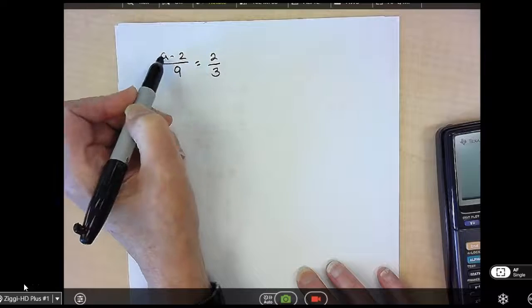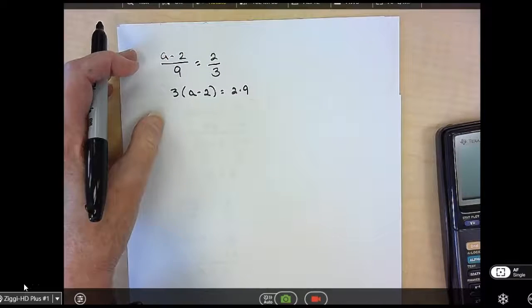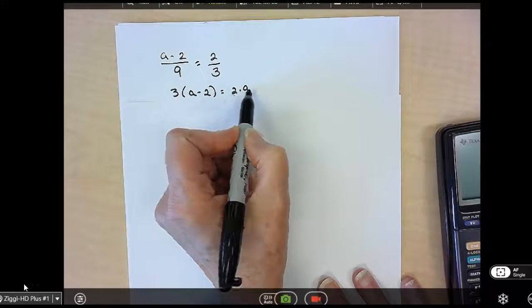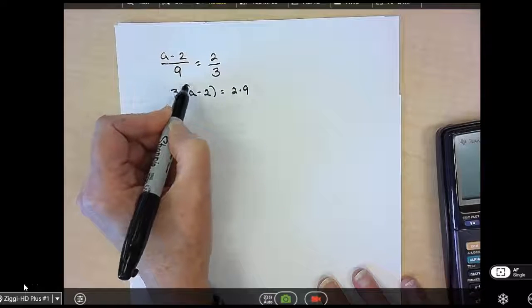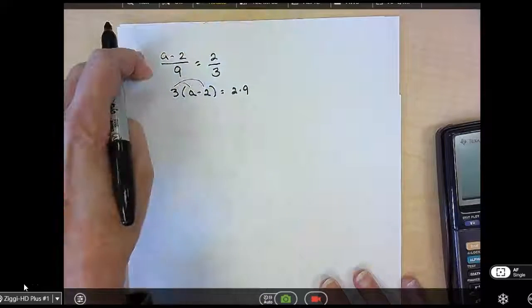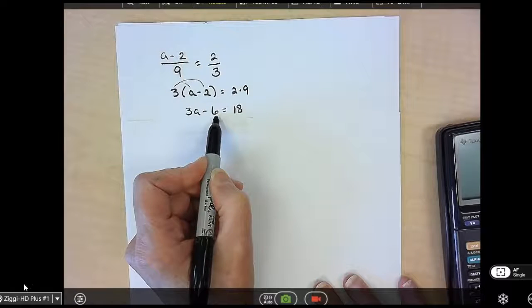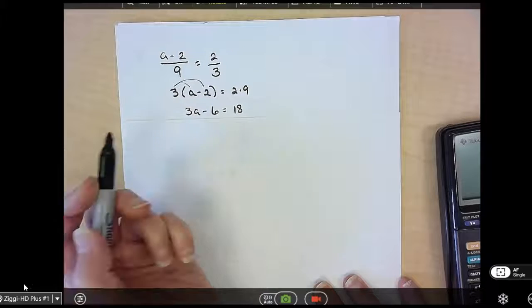So 3 times this whole number, which is A minus 2, so you have to put it in parentheses, equals 2 times the 9. And that's this diagonal. Then we would distribute 3 times A, 3 times the negative 2 to get 3A minus 6. 2 times 9 is 18. And then we just solve like normal.